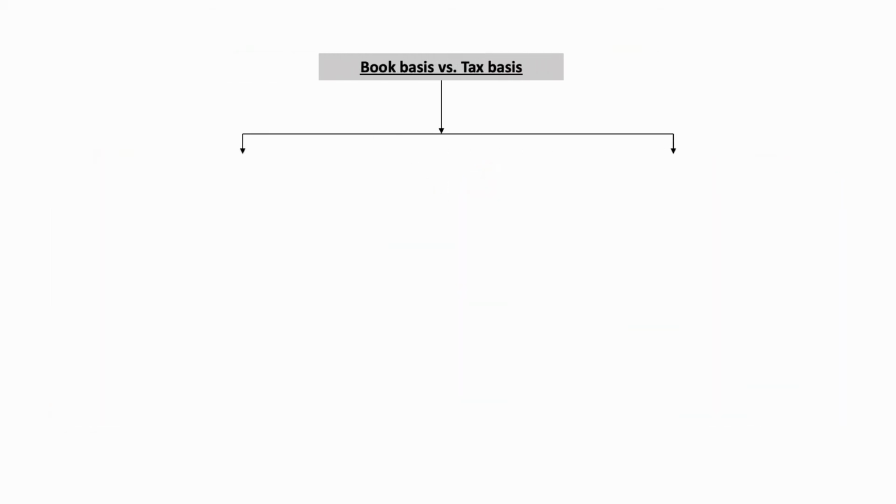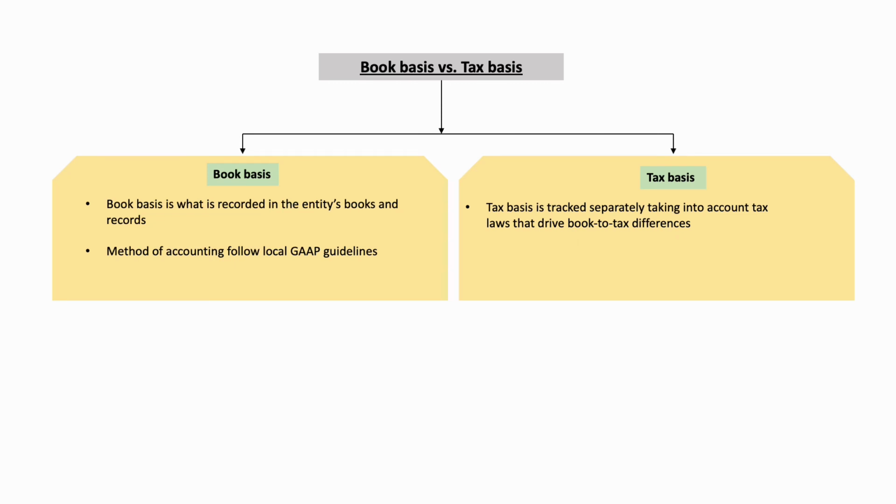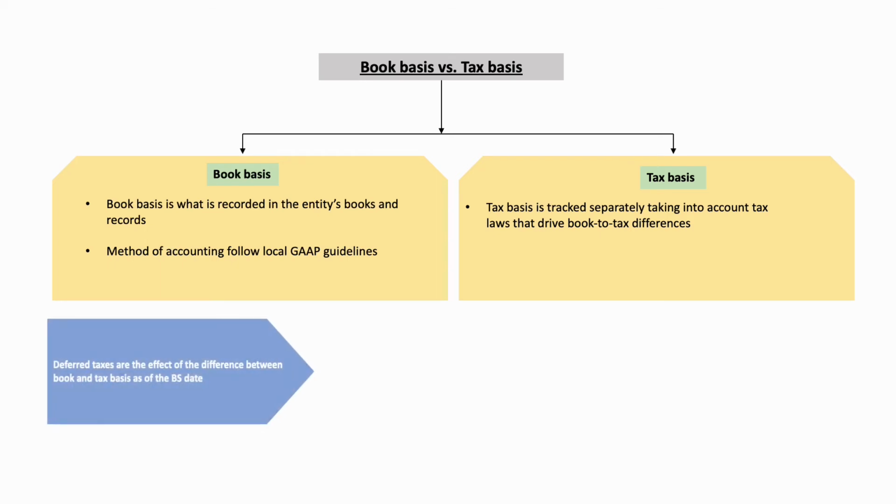So now moving on to book basis versus tax basis, which is nothing but the basis on which you value your balance sheet, which is governed by your local GAAP guidelines, and the tax basis is nothing but the basis on which you value your balances on your tax return, which are driven by the local tax laws.